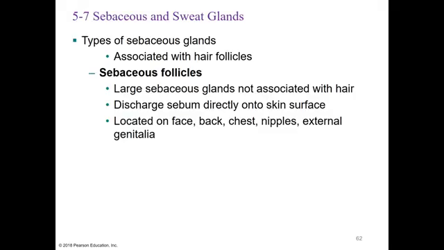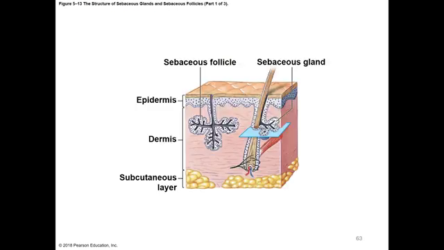We have these on our face, back, chest, nipples, and external genitalia. So here's an image of the two types. We have the oil gland that is stuck to the hair, so it would release oil right onto the hair shaft. And then we have one that releases oil right onto the skin surface.